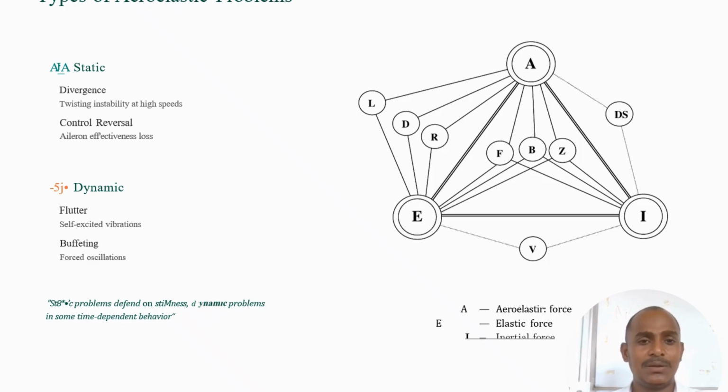In dynamic aeroelastic problems, flutter and buffeting play the main role. Flutter is a self-exciting dangerous vibration, whereas buffeting is forced oscillation due to the turbulence created by the airflow. Static problems depend on stiffness, while dynamic problems depend on time-varying motion.